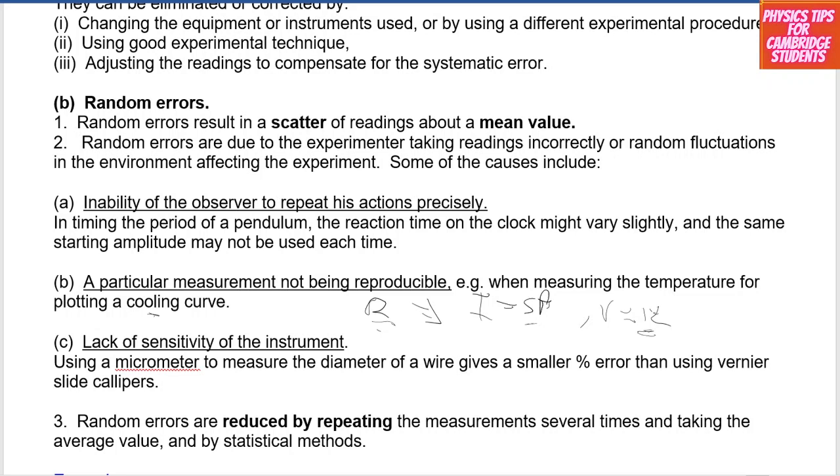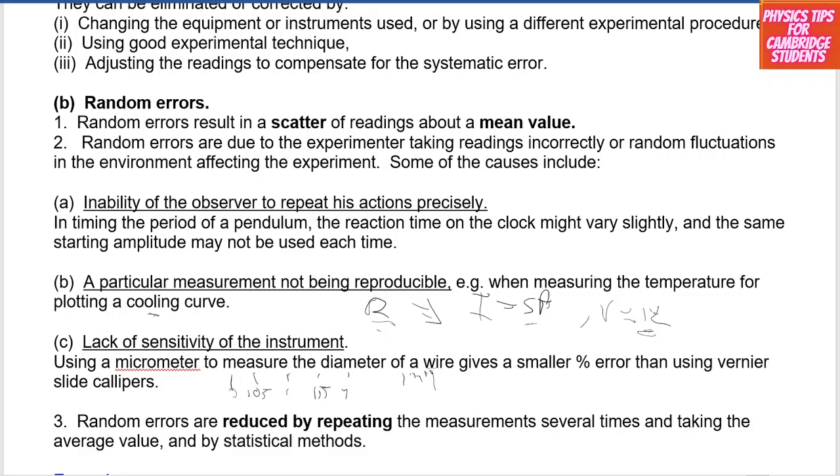Then lack of sensitivity of the instrument. So suppose you use a ruler which has markings 0, 0.5, then 1, 1.5, 2, 2.5, etc. And then someone uses a ruler which has 0, 1, 2, 3, with markings 0.1, 0.2, 0.3, 0.4, 0.5 in between.